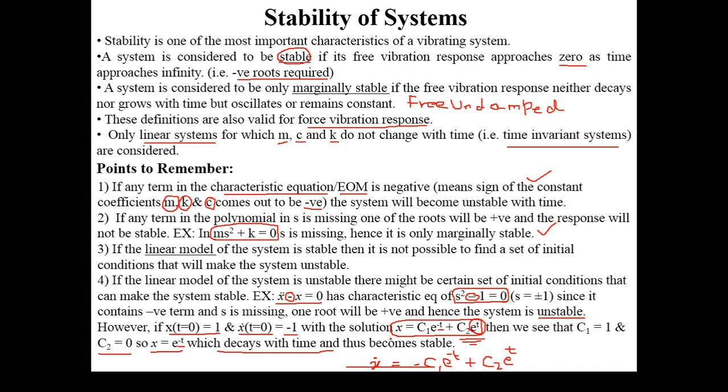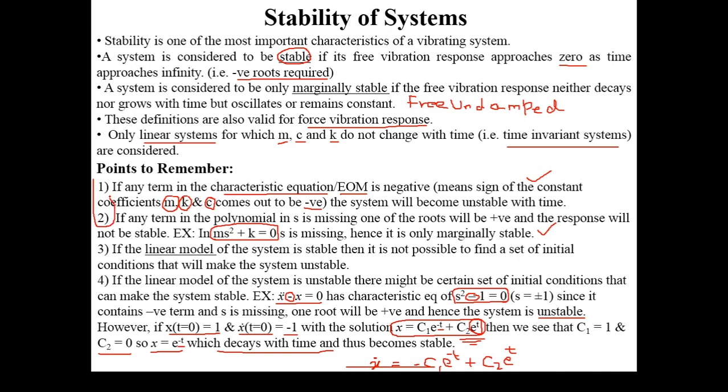So what we learned in today's lecture is that by looking at the roots of the characteristic equation of the equation of motion, we can predict a lot of important aspects about the response of our system, and we have learned about the stability of the system as well. The first 2 points are the most important points.